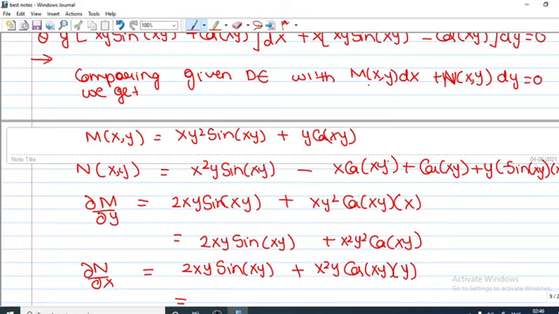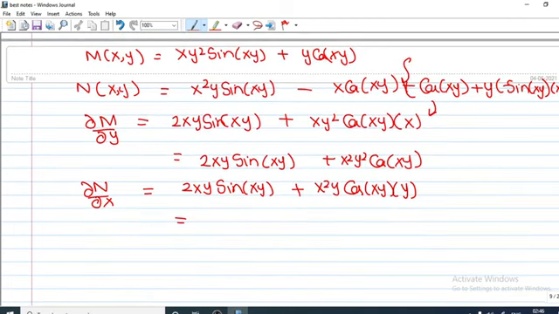Just do one thing, this part belongs to here. Okay, after this what will happen is actually this will be as it is, and this xy will cancel out with this one.